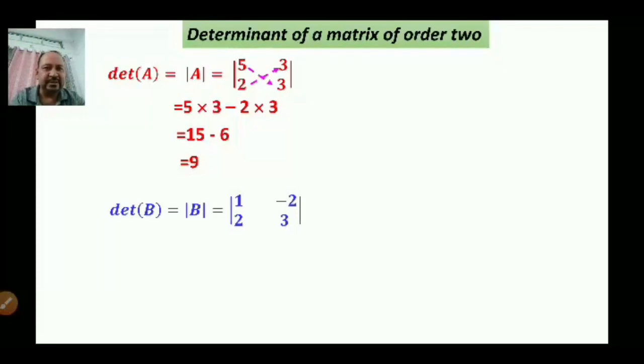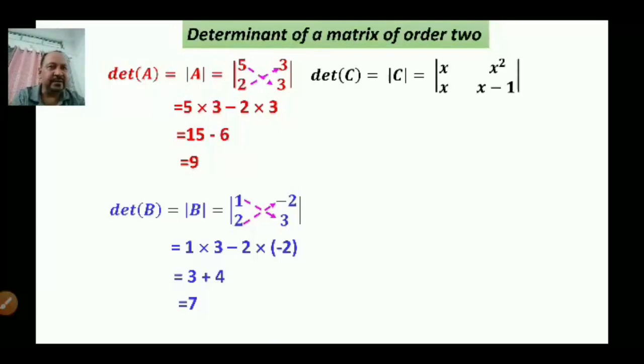Here also you cross multiply 1 and 3, and 2 into minus 2. So 1 into 3 minus 2 into minus 2. This is equal to 3 plus 4, and you will get 7. And 7 is the determinant of B.